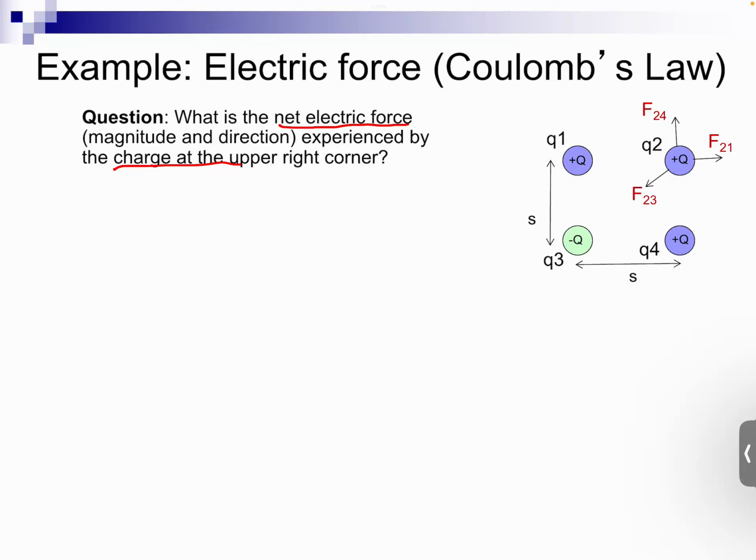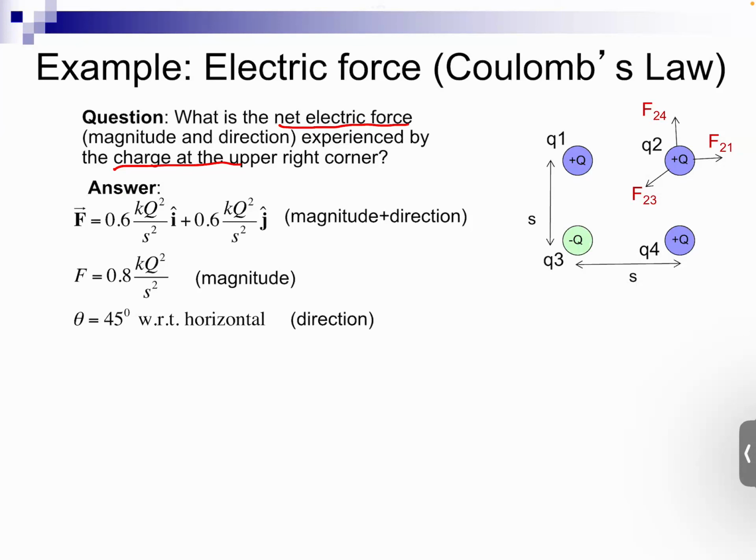Yesterday, we already drew the free body diagram showing the 3 forces acting on charge Q2 because of the other charges around it. And so today we will look at how to find the force experienced by the charge.